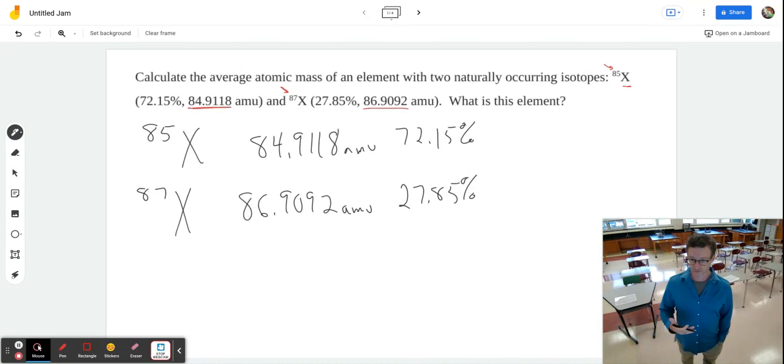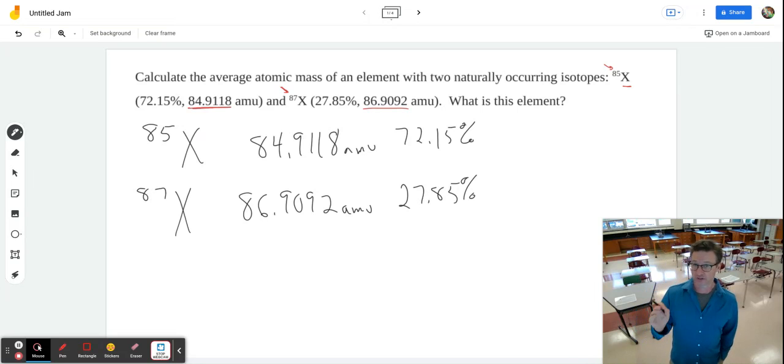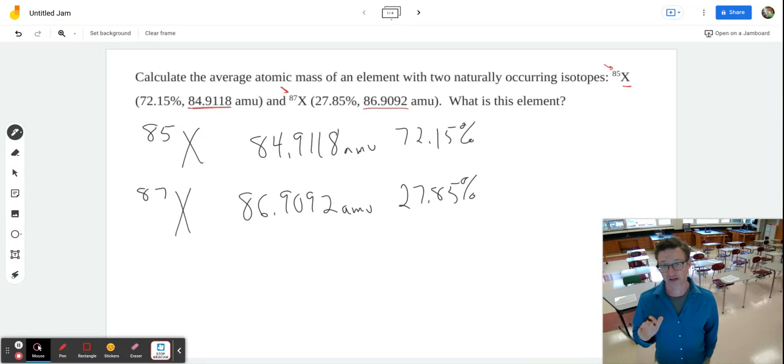So the first thing I want to point out, and this is just one of those general rules of thumb to look for when you're solving these types of problems, very often there are quick checks that you can do. In this case, we have one isotope that is quite a bit more abundant, 2 to 3 times, somewhere in that range, than the other, which means that when we do these weighted averages, the final answer should be closer to the first number than the second number.